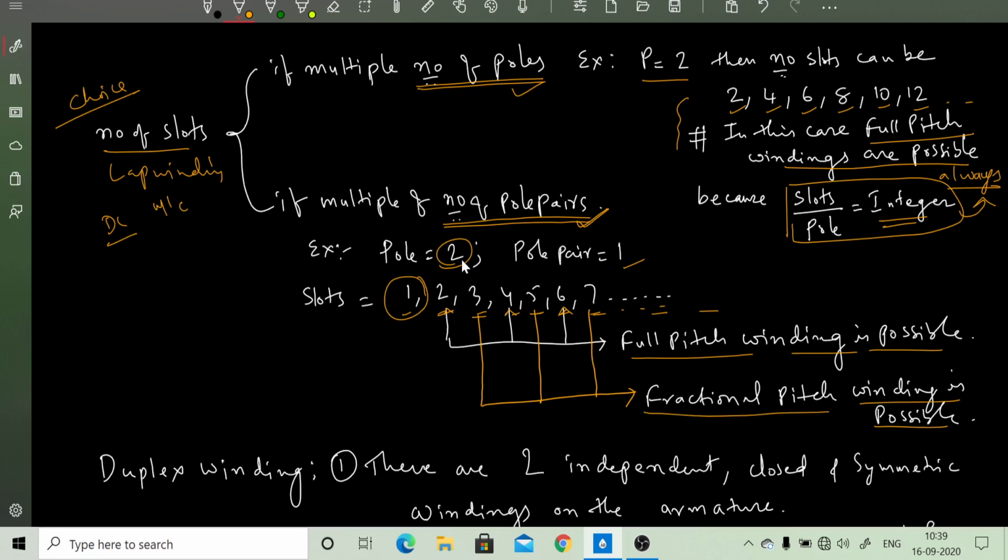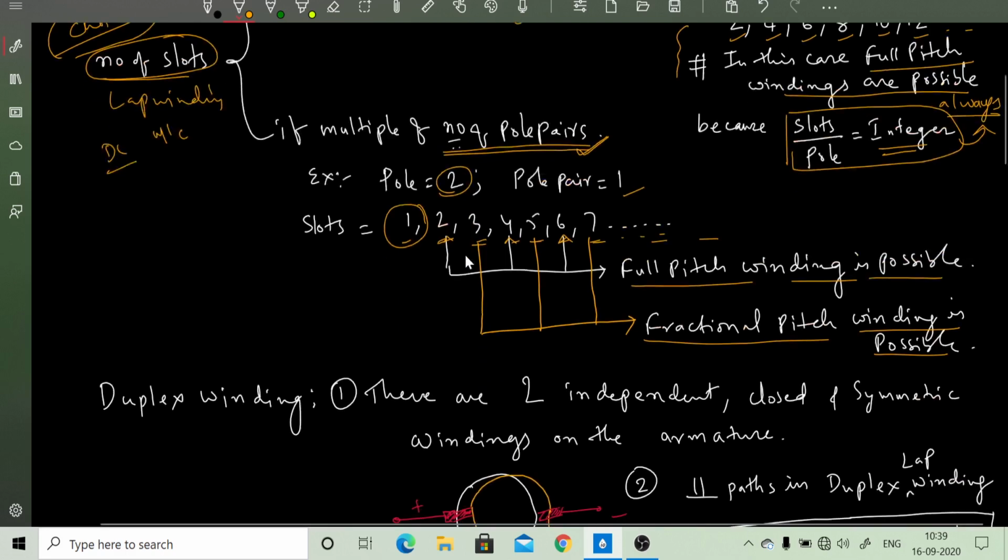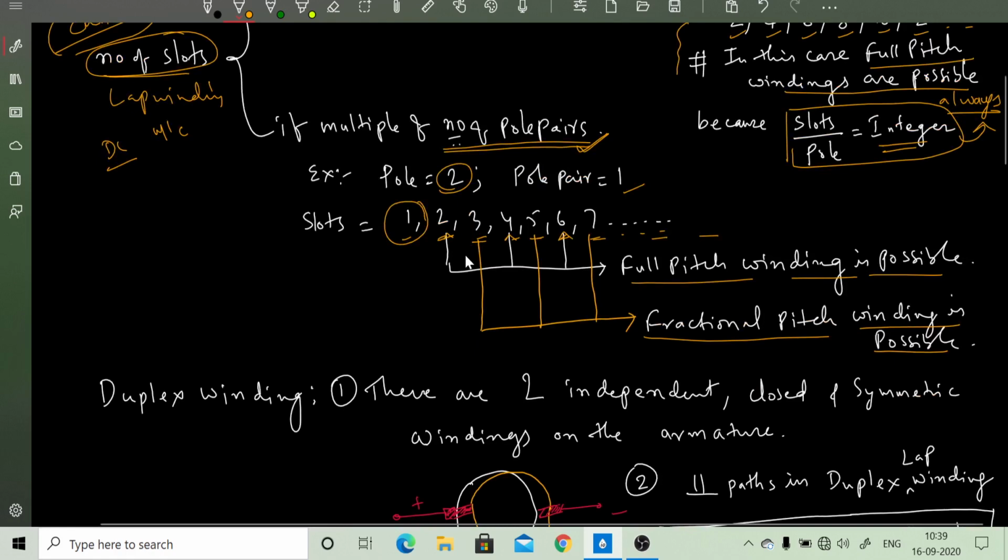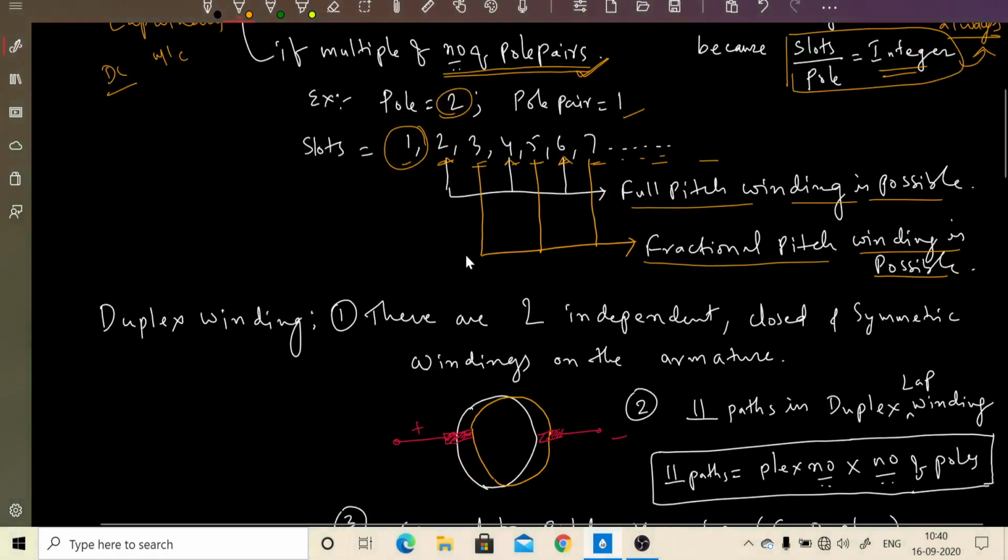Okay, so the choice of the number of slots on the armature for a lap winding can be taken based on number of poles or number of pole pairs. In case of number of pole pairs, we have two possibilities: with even number of slots on the armature, we have full pitch winding, and with odd number of slots on the armature, we have fractional pitch winding.